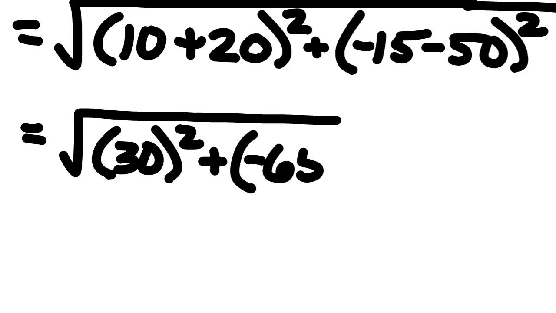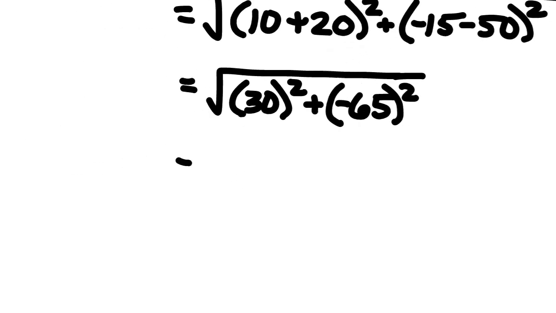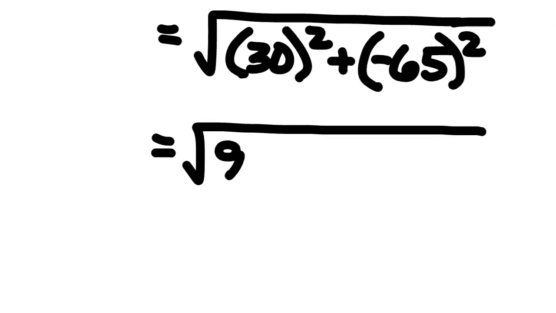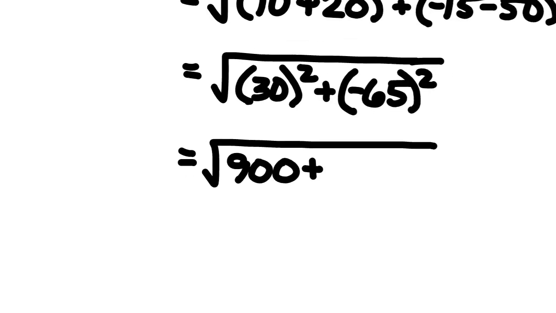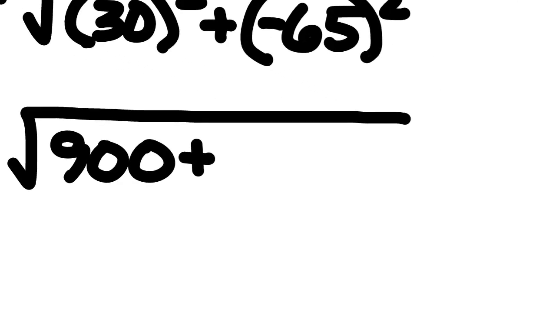Negative 65. And now if I haven't pulled out my calculator before now, I definitely need it now. What is 30 squared? 900. Plus, please make sure you have parentheses here because we know it's going to come out to be a positive number. Negative 65 squared, or negative 65 times itself.